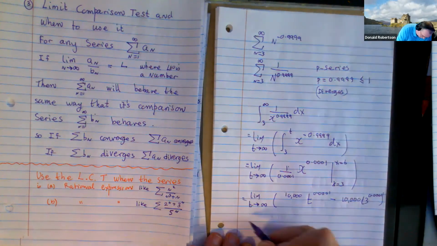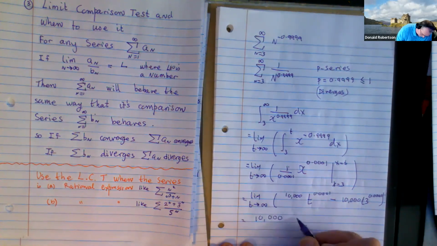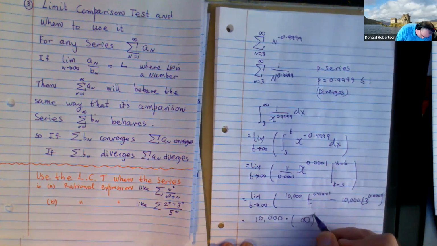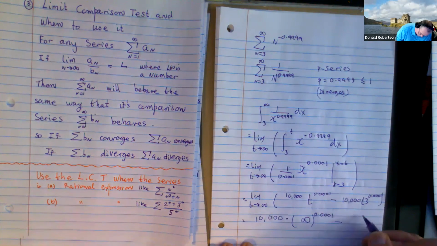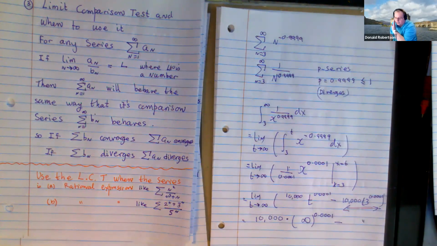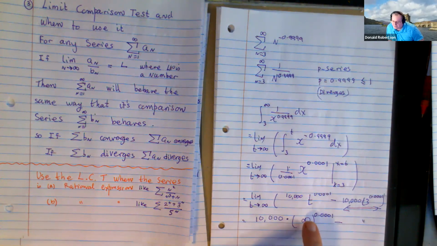Now I'm going to do brute force. It's 10,000 times infinity to the power of 0.0001, take away that number. That is just some weird number, and I'm not too concerned about finding its value. Infinity to the power of any positive term, even if that positive power is a small number, is still going to be infinity.